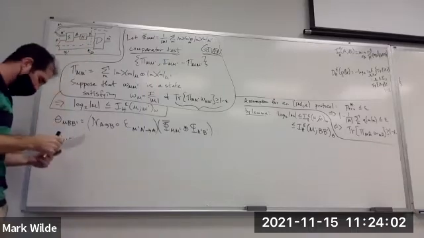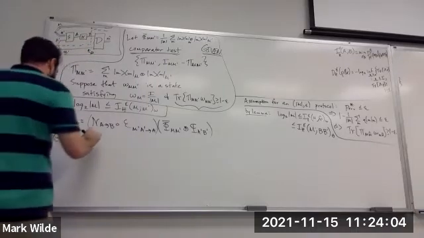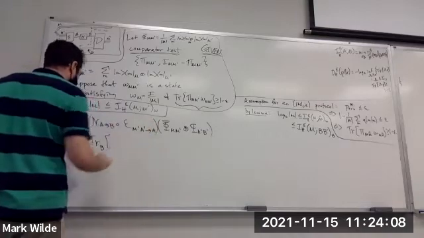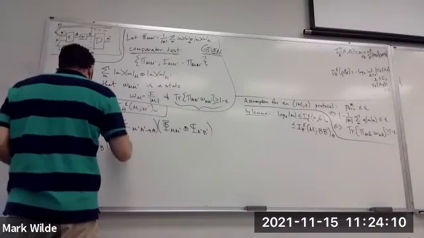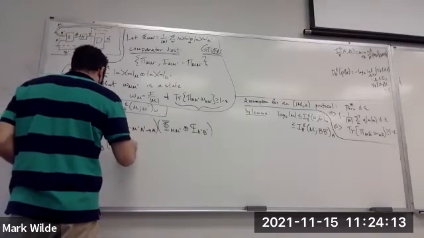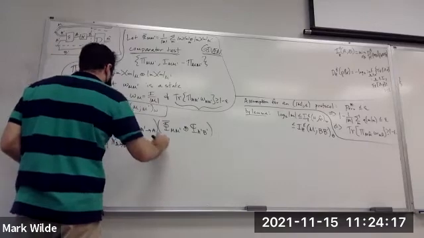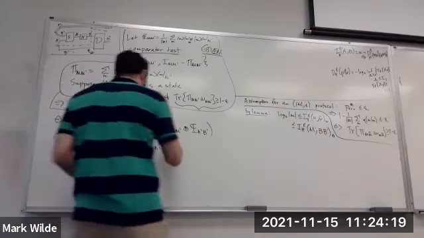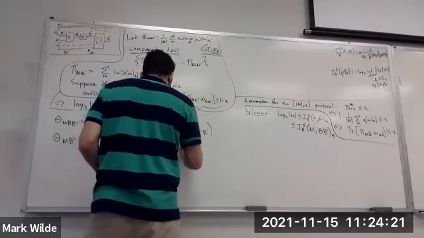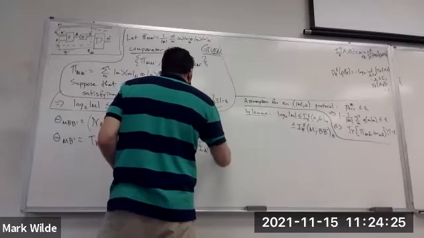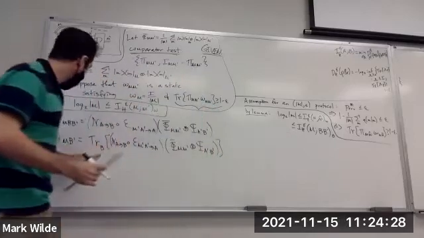Now we'll do the math. So let's trace it. By definition, it's the trace over B of this state. I'll write the whole thing. Now we're going to do exactly what we just said.